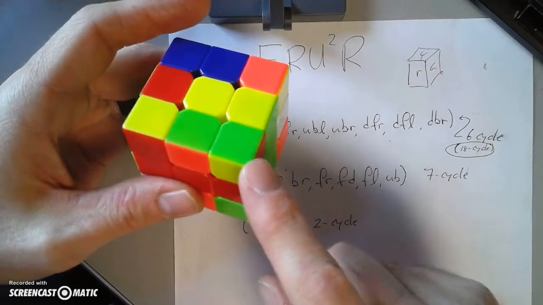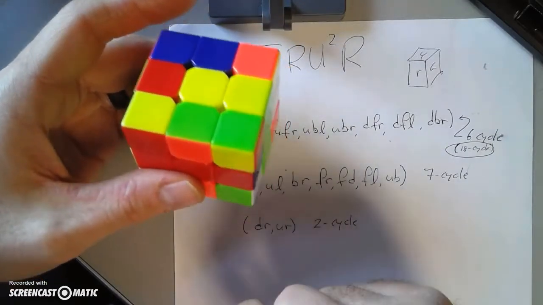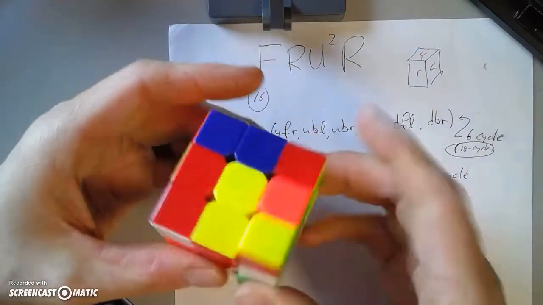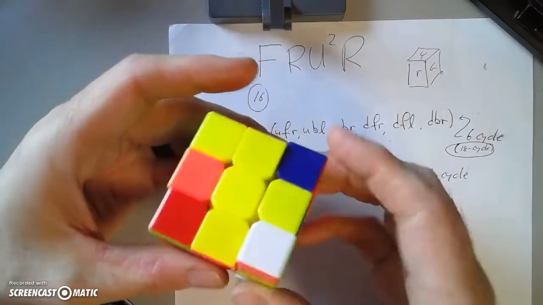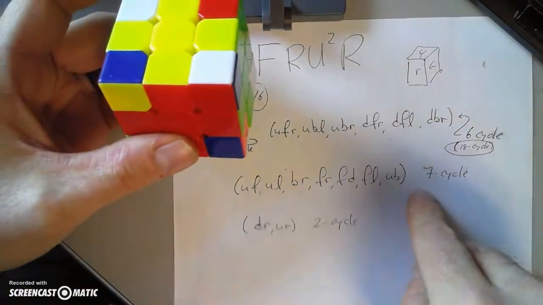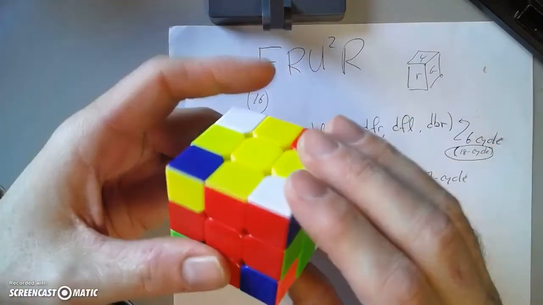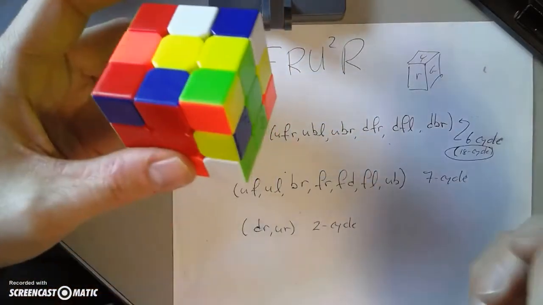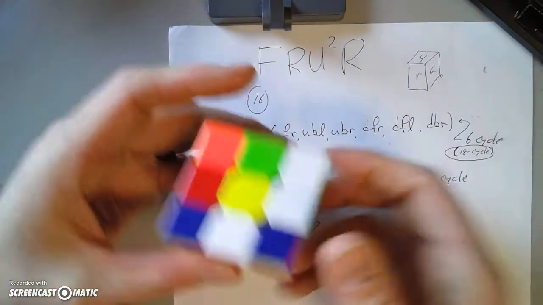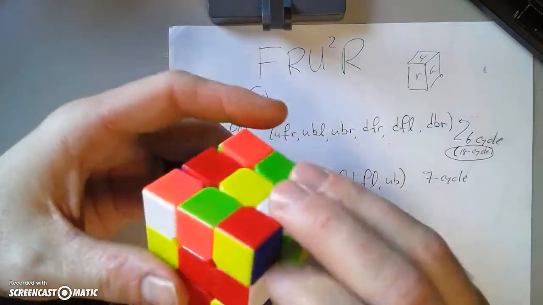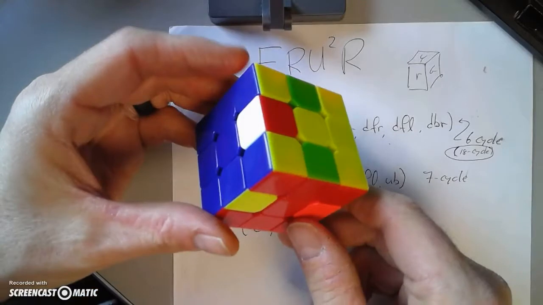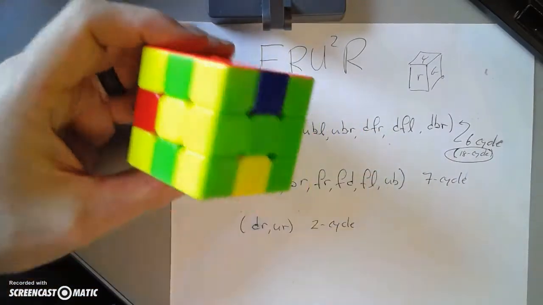So the corners are back, but they've been twisted a bit more. So that's 12. That's 13. That's 14. The edges are back. Here's 15. That's 16. That's 17. That's 18. And we see that all the corners have been returned.